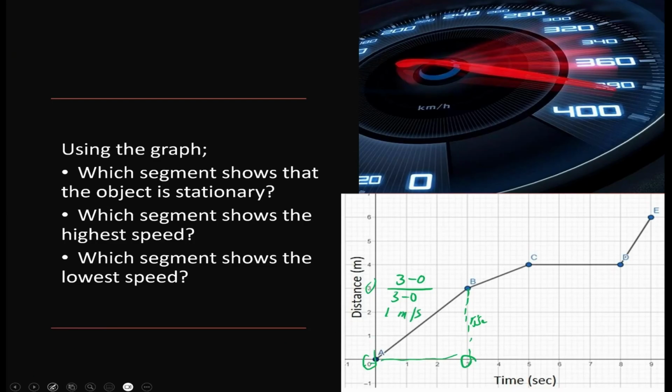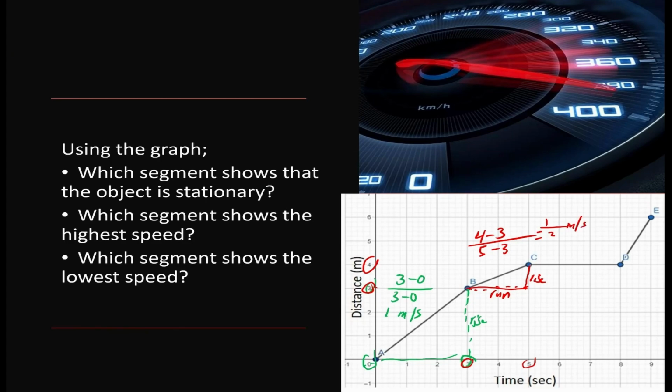In this one, we'll change the color. In this one here, it is also rise over run. The rise is from 3 to 4. So it is 4 minus 3 over the run, which is from 3 to 5. So it is 5 minus 3. 4 minus 3 is 1 over 5 minus 3 is 2. So it is half a meter per second.